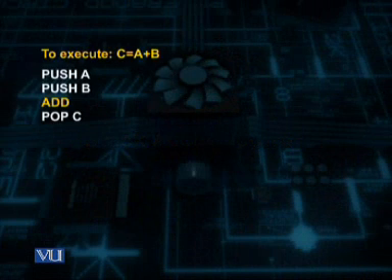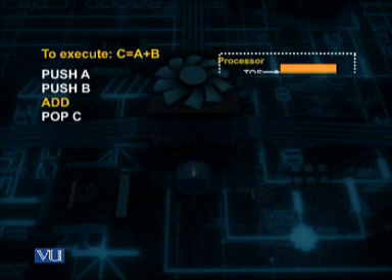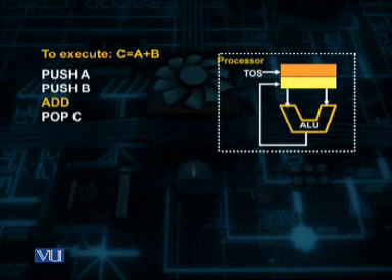For example, if we look into this execution of a small program, as you can see from this slide, we have to execute a higher level language instruction such as C equals A plus B, which requires an addition. For addition, the implicit operands are available on the stack and they are placed by using the push instructions.